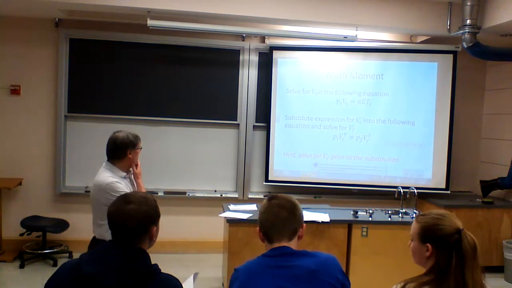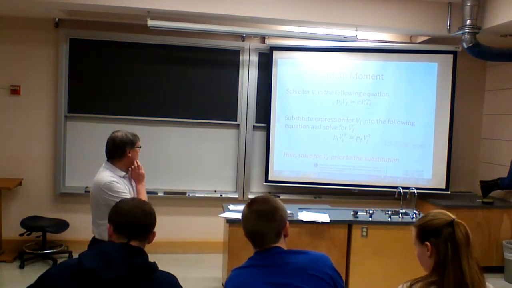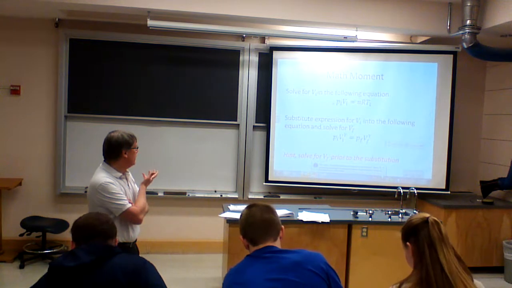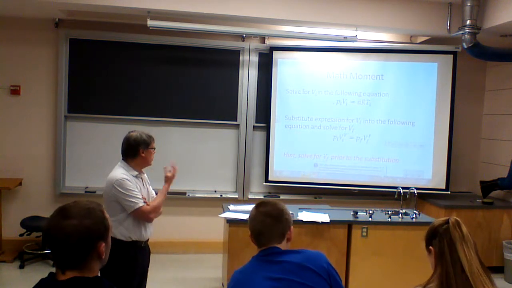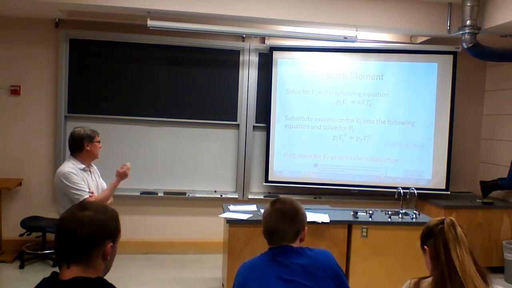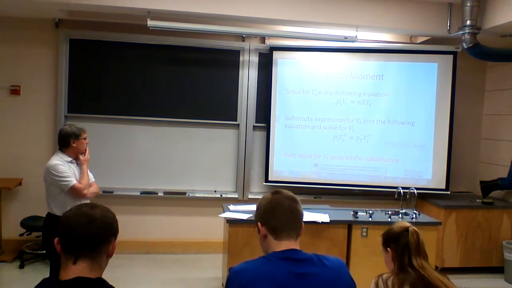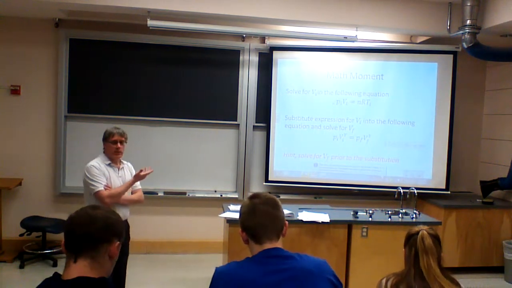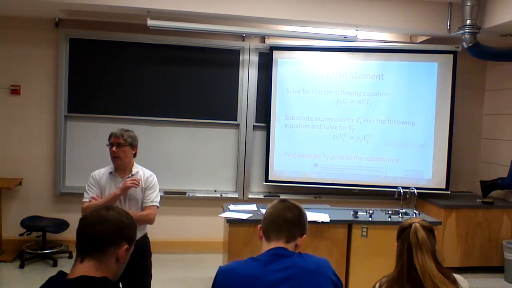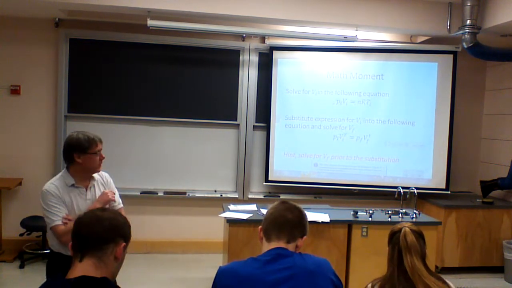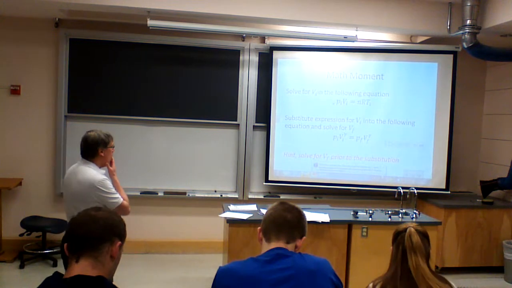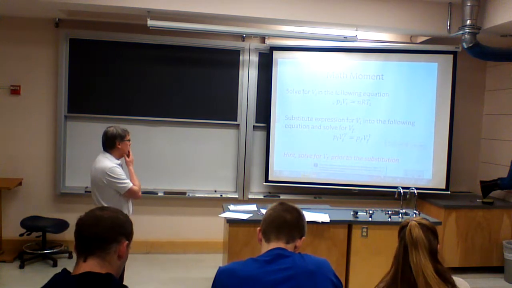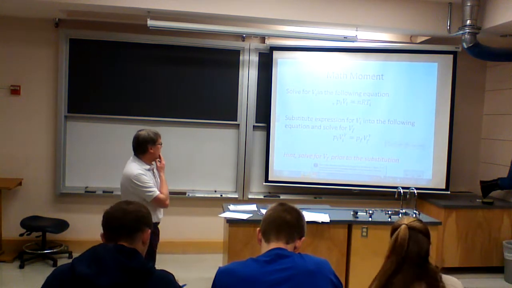So the question is, if we solve for P = nRT, and we're going to assume we go to some final state. And if we know that P's changing, V's changing, and T's changing, we're not going to say there's an isobaric, an isochoric, or an isothermal process. So possibly all 3 of those variables are changing.